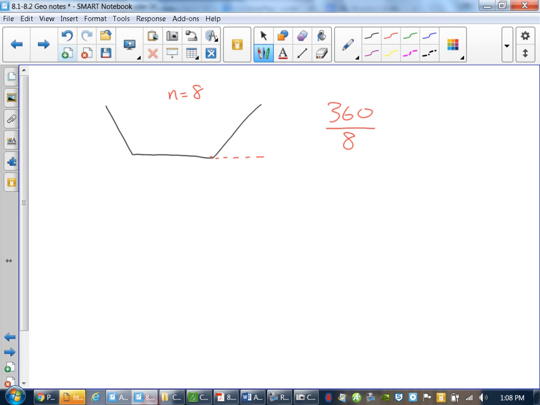So if I take 360, divide that by 8, you get 45. Interior and exterior angles form lines. They're linear pairs, which means the supplement of 45 is the inside. And you get 135.